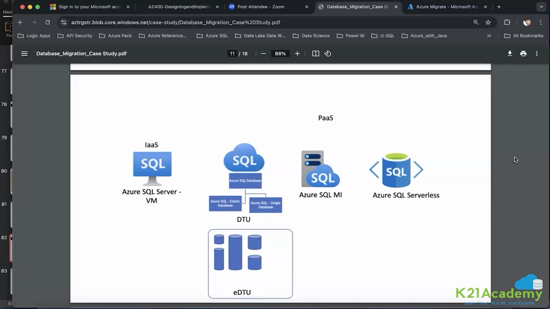So at a later stage, Microsoft launched Azure SQL Managed Instance, which offers a couple of pricing plans like business critical or hyperscale, a couple of business tiers launched along with this managed instance.